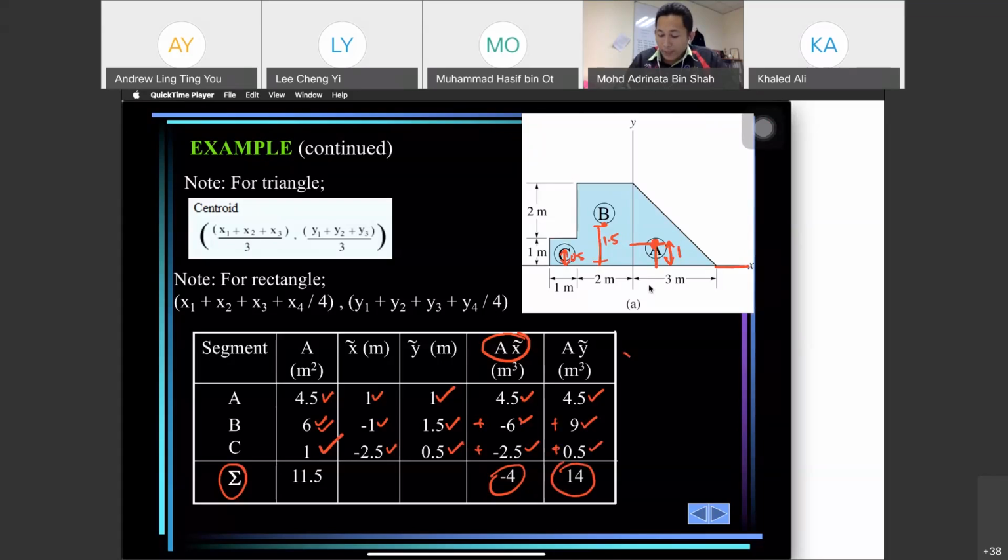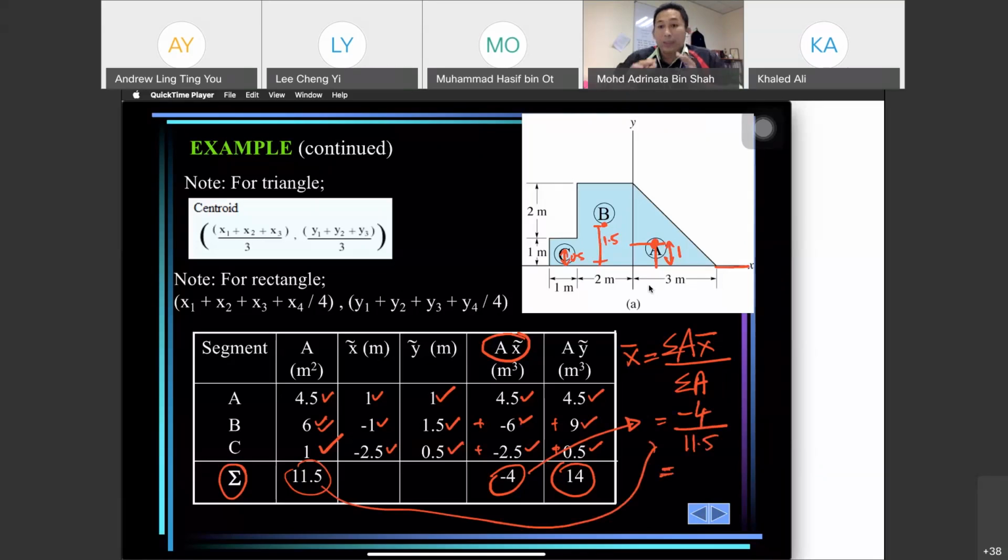So our x bar will be the sum of A x bar divided by the summation of A. The summation of A x bar is negative 4, and the summation of A is 11.5. So this will get our x bar, the total x bar for the three shapes overall.